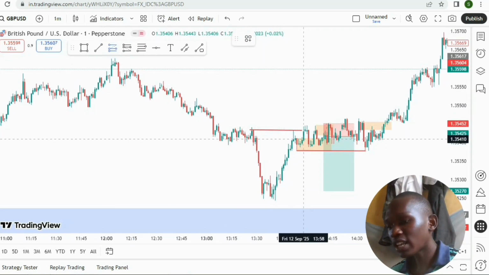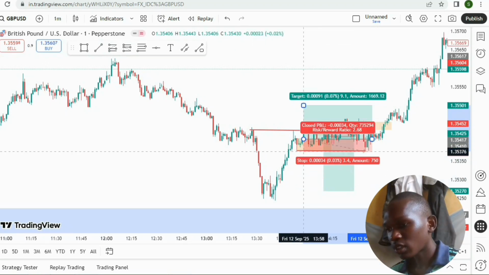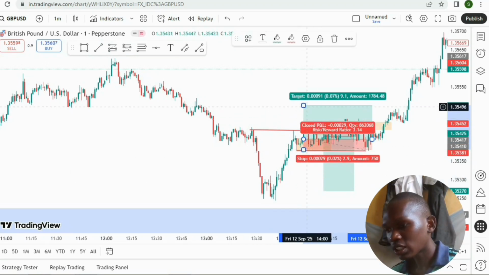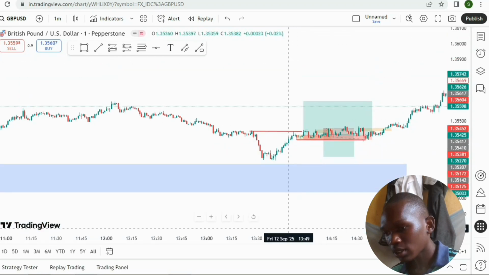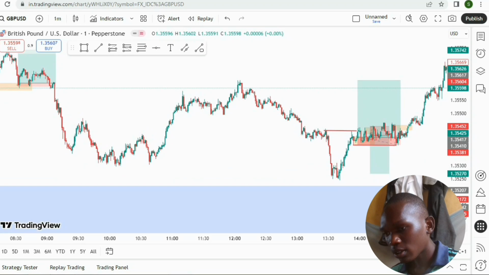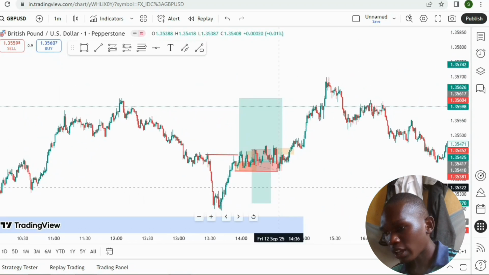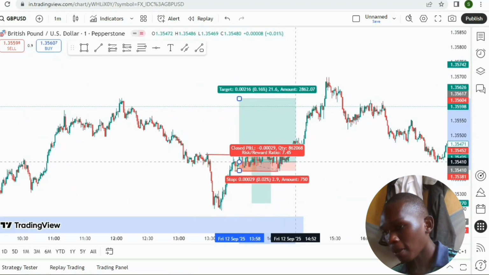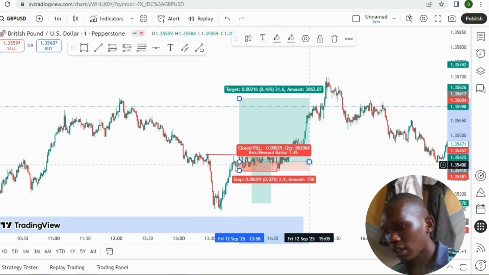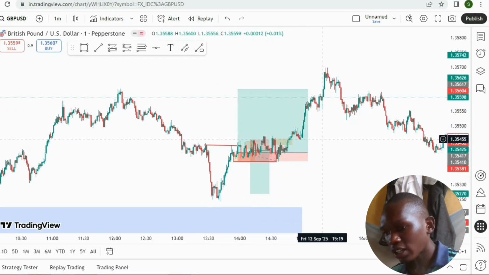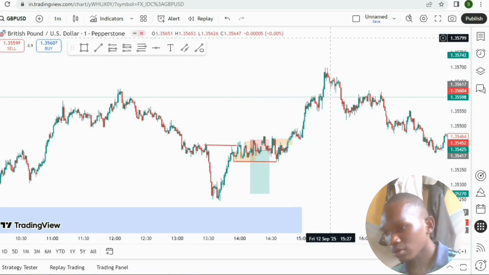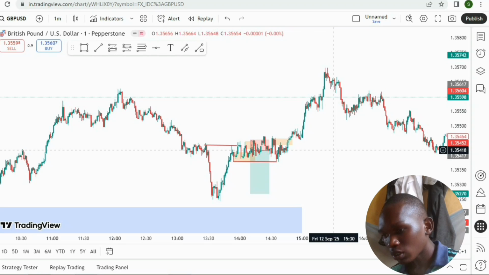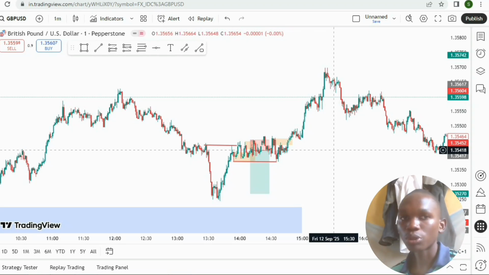So I could have got this entry, and let me see what I could have gotten and aim for. Let me put this buy entry here. Maybe I'll then aim for this high, which is up here. And as you can see, price actually respected this. Okay, it got stopped out here. Maybe there was no opportunity.